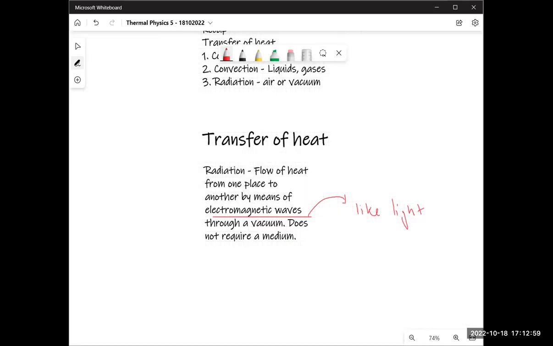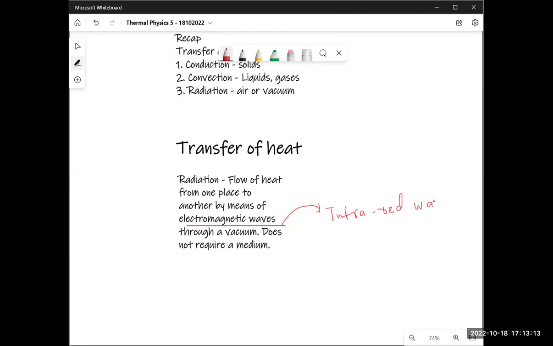Now I'll show you what it means. First, write this in your notebook. I'll tell you what these are. Electromagnetic waves, this one is basically infrared waves. Now this is from chapter number 7, the chapter after this. We don't have to know what it is right now, but you need to know how it happens.